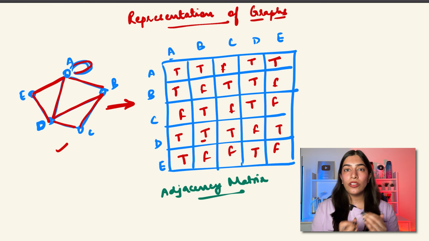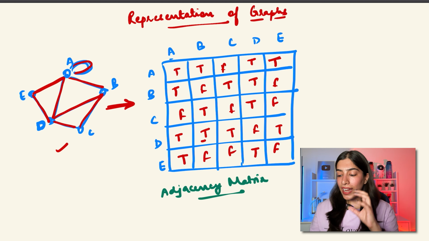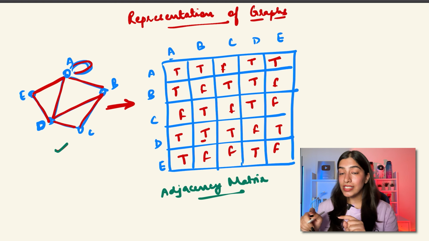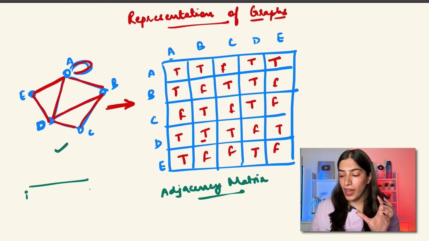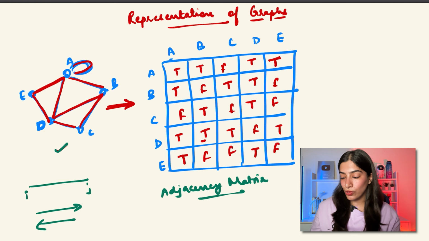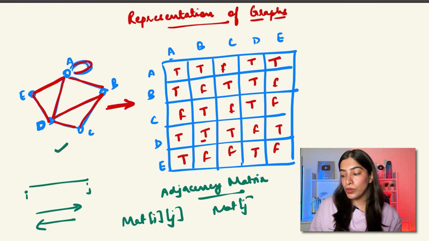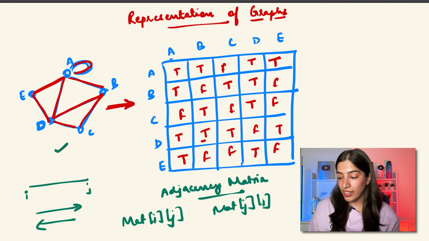And I am sure that a lot of you are already thinking about it, that this is an undirected graph, right? In a graph like this, for every edge which connects from i to j, the edge is bidirectional. So if the value from i to j is true, then the value from j to i is also true. So in my adjacency matrix, the value at ij and the value at ji is going to be the same for every value of i and j, correct?